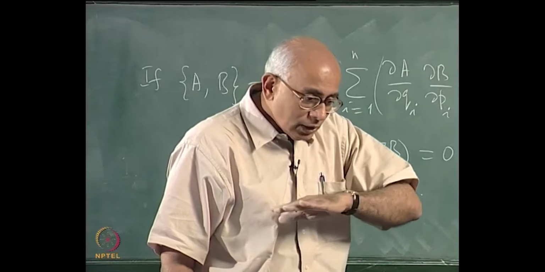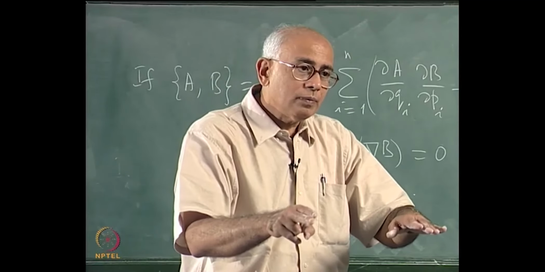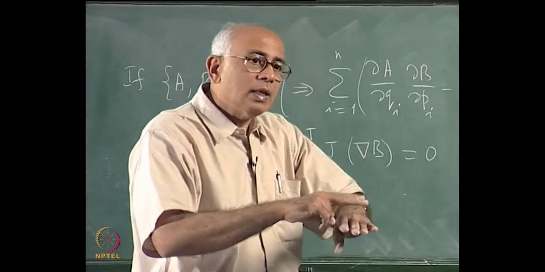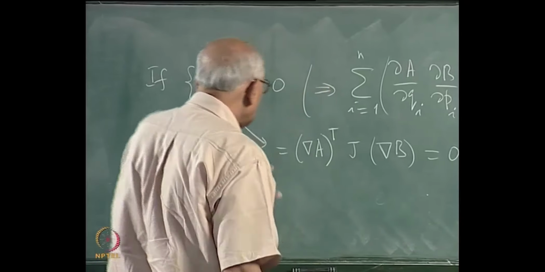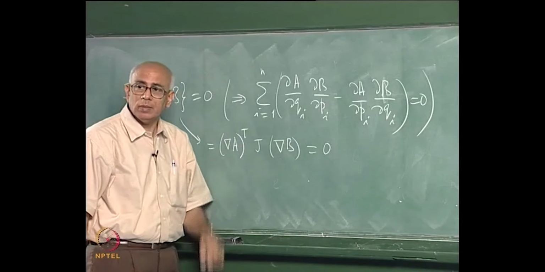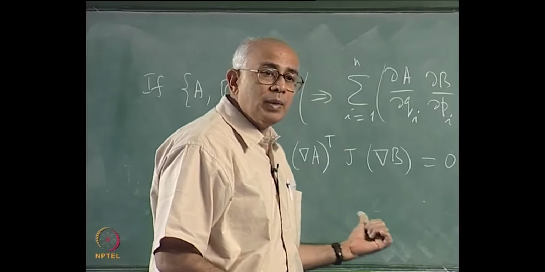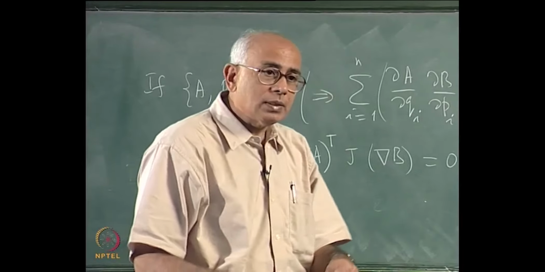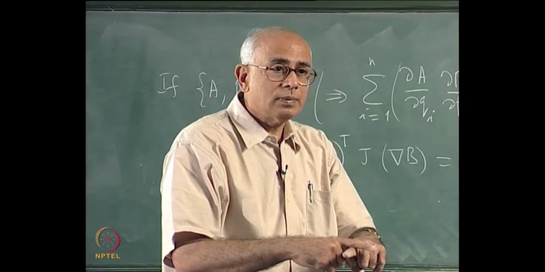And now in addition to the level surface of the Hamiltonian, if you have other constants of the motion, then the flow is on the level surfaces of all of these functions. And the fact that this pseudo dot product vanishes implies that these vector fields, gradient of A, gradient of B and so on, are in some sense independent of each other, they are linearly independent of each other.